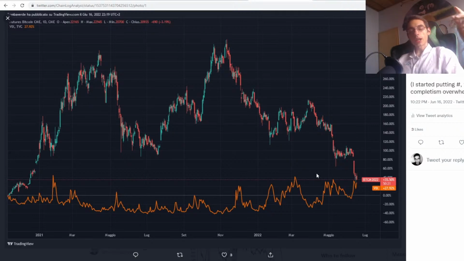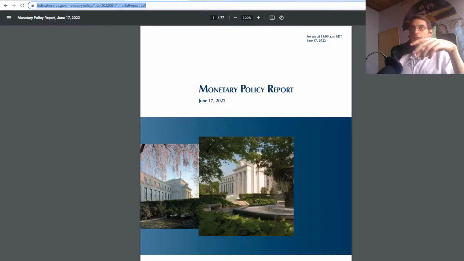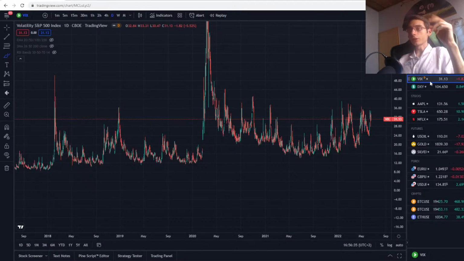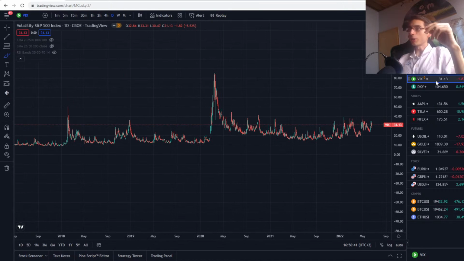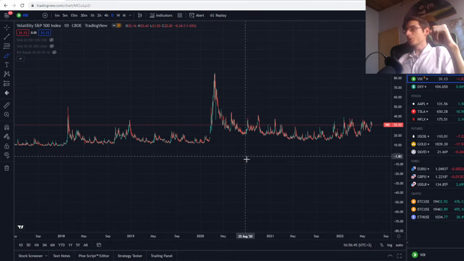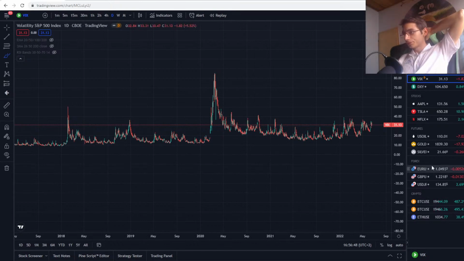We see the market react in an inverse manner. That is another important indicator to watch. And this is just a tip for you.